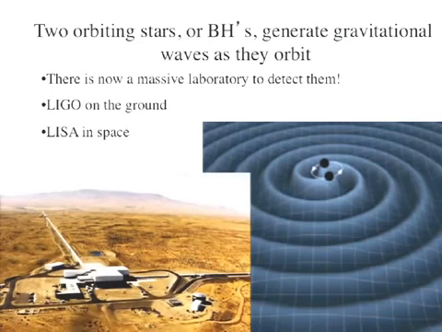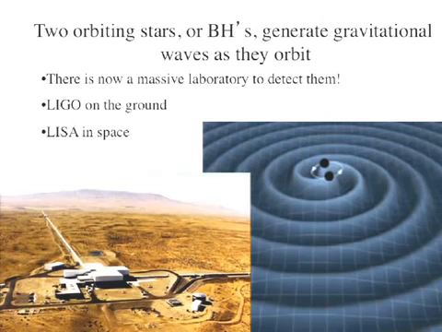Here is LIGO. This is Eastern Washington. Laser beams are shot out here and back. This is a vacuum tube. They go out and back. This way goes out and back. And by timing the time it takes to go out one way and the other way, they can time the passage of space, and they're looking for vibrations caused by the gravitational wave.